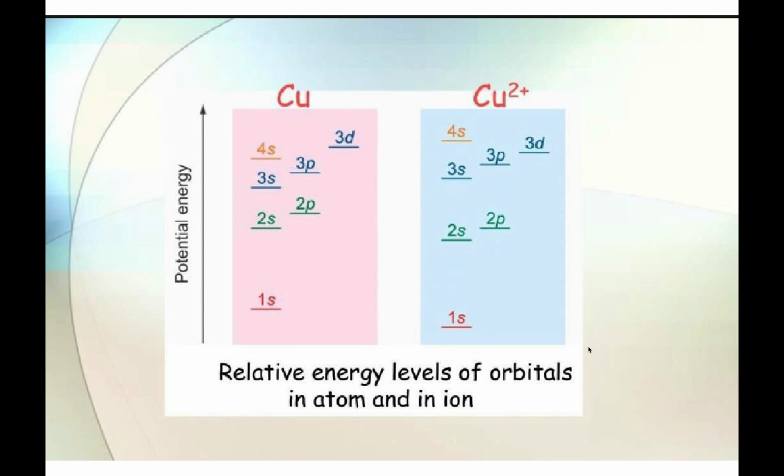See the order: it starts from 1s, 2s, then 2p, then 3s, then 3p, then 4s, then 3d. That is the order. Whereas in Cu2+, it goes to 1s, then 2s, 2p, till there it is the same, then 3s, then 3p, then 3d, and only after that 4s. So finally it is 4s. Just look at the difference between these two.